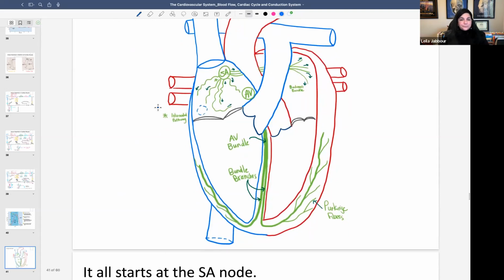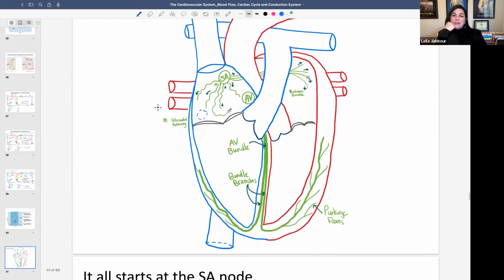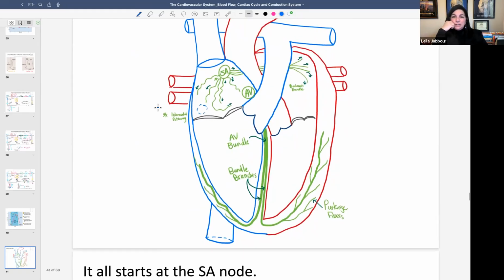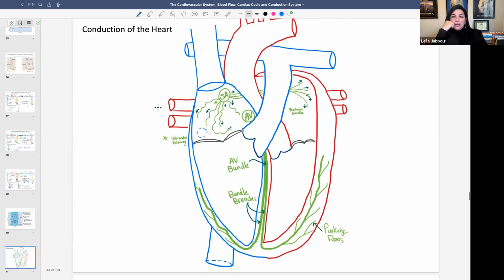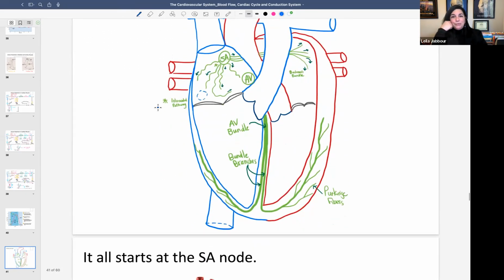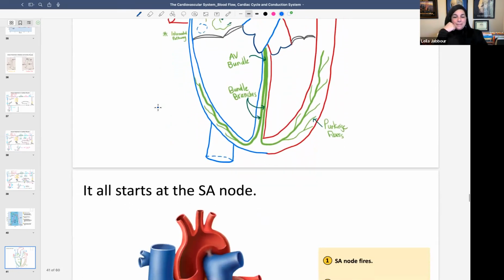I think I jumped the gun earlier when I talked about the nitty-gritty of the conduction of the heart, because it pops back up over here. So we really don't need to get back into this.